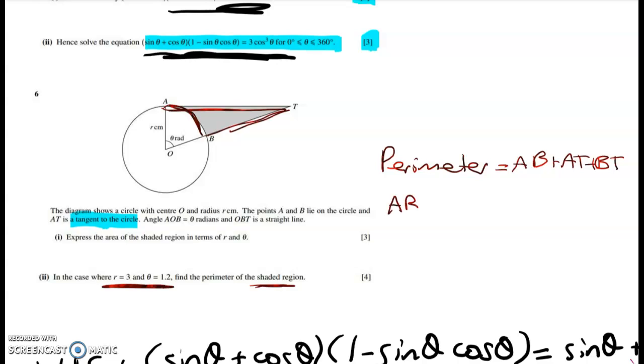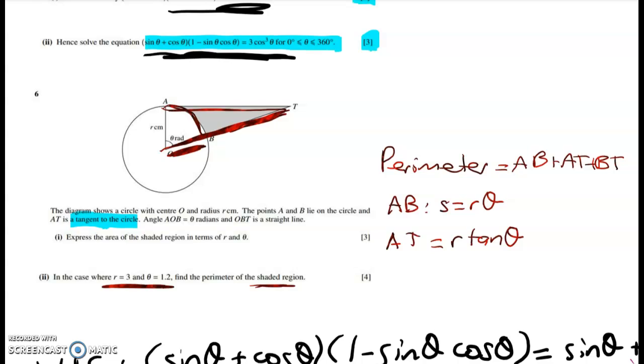So for AB, we have s equals r theta. And for AT, we've got r tan theta. Now for BT, it's going to be that whole length minus the radius.